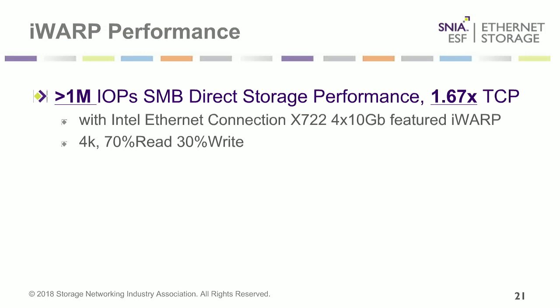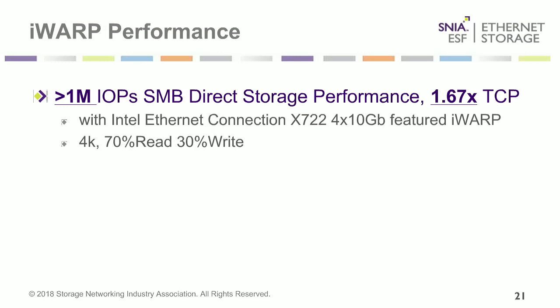Here's one example. In this data, we use an Intel Scalable Xeon platform. The latest one is featured with the Intel Ethernet Connection X722 with iWARP support. In this test case, we use a 4x10 gig Intel Ethernet Connection X722 and run SMB Direct data storage performance testing.